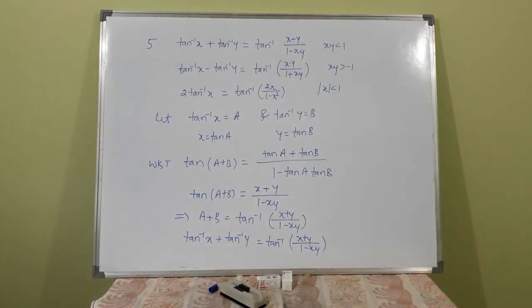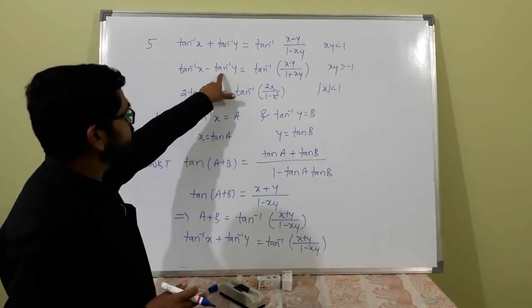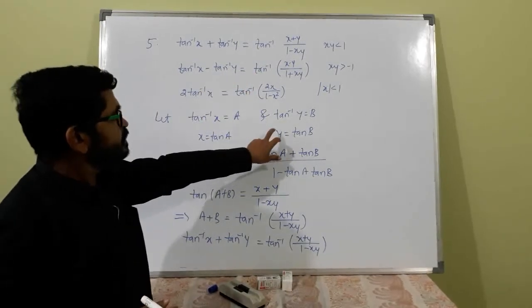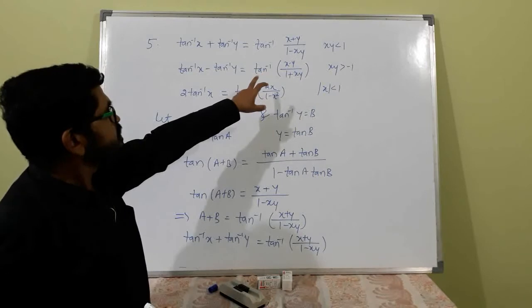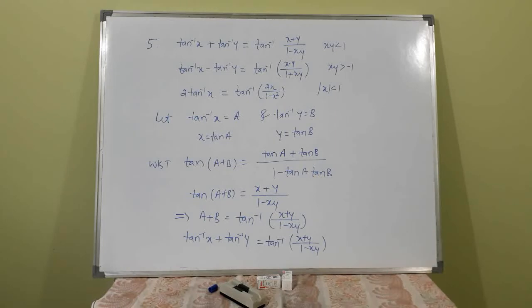Okay, if you replace y by minus y, tan inverse of x minus tan inverse of y, where minus y is equal to tan b, we get tan inverse of (x minus y) divided by (1 plus xy), since minus of x into minus y is plus xy. If you substitute x equal to y, then 2 tan inverse x is equal to tan inverse of (x plus x), 2x, divided by 1 minus x into x, which is x squared.